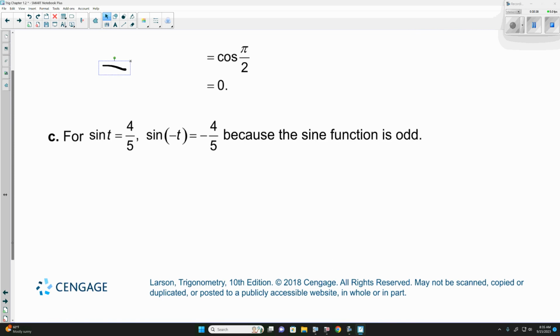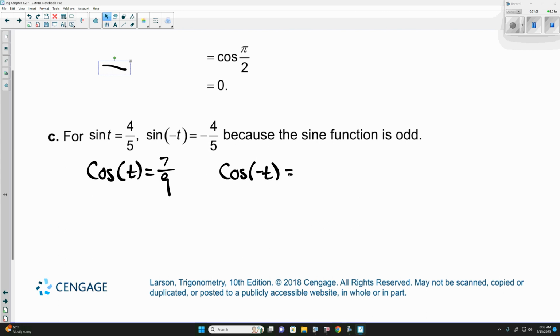So for sine of t equals 4/5, sine of negative t would equal negative 4/5 because it's an odd function. Does that make sense? And this is based off even or odd functions. Now, if we were told that cosine of t is equal to 7/9, whatever the value, and I was wanting to find cosine of negative t, cosine is considered to be an even function.